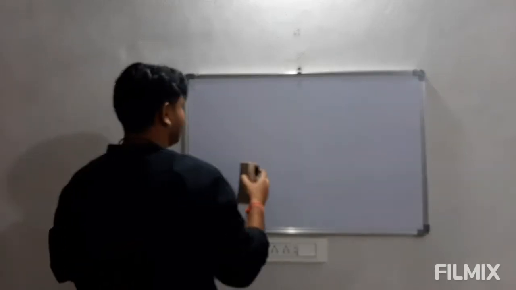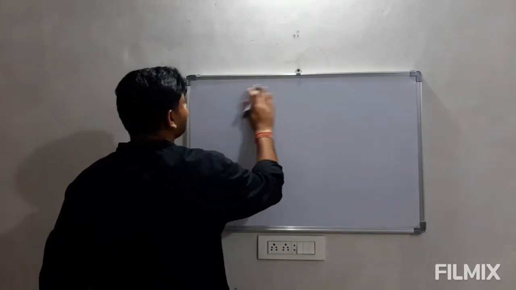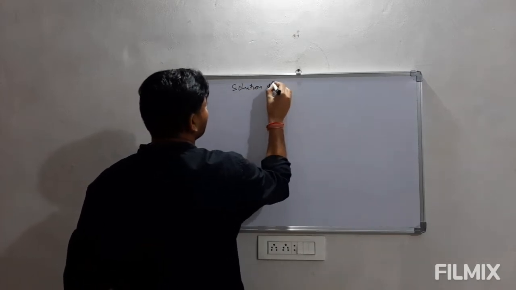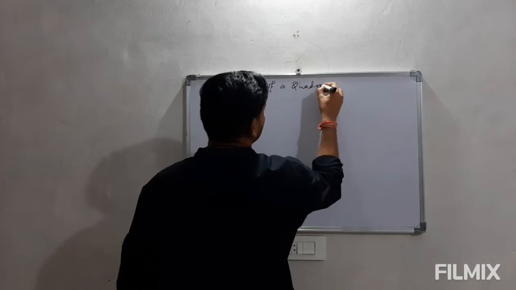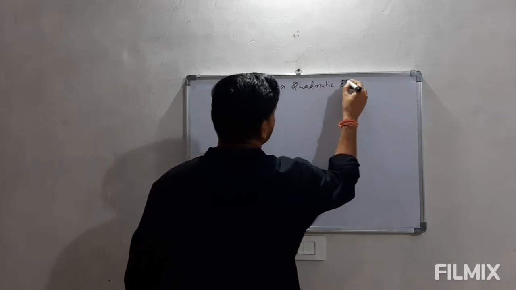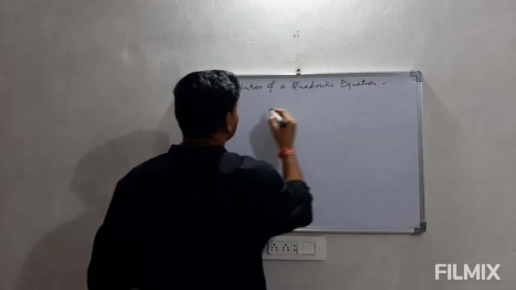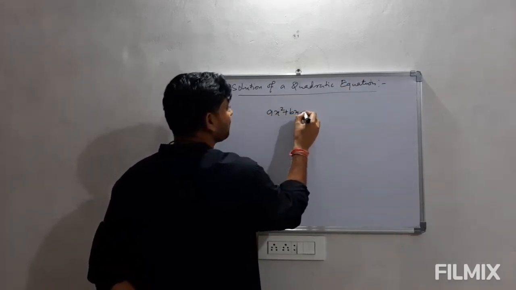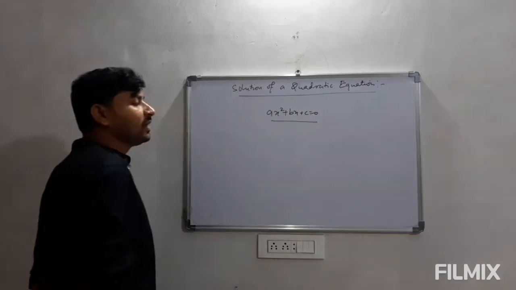Equation formation is one thing. Then we have to discuss the solution of a quadratic equation. See, we have the standard form of a quadratic equation as x square plus bx plus c is equal to 0. We will be having any equation in this form.